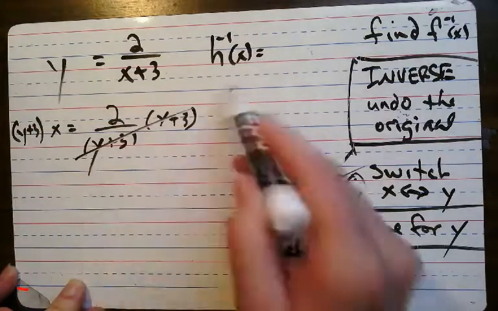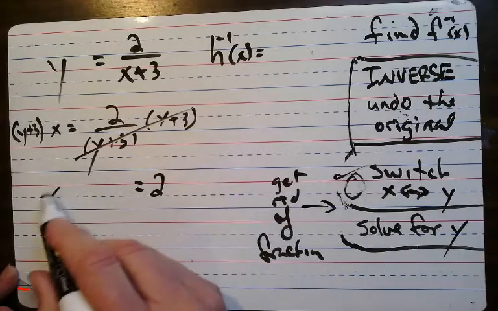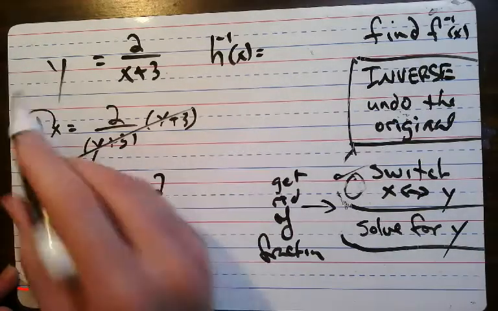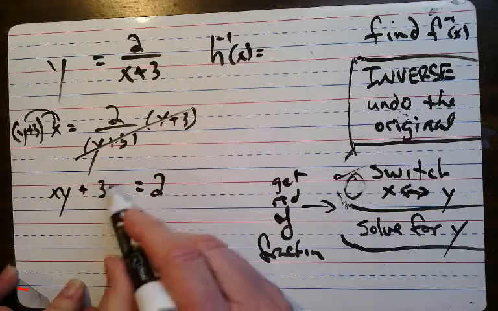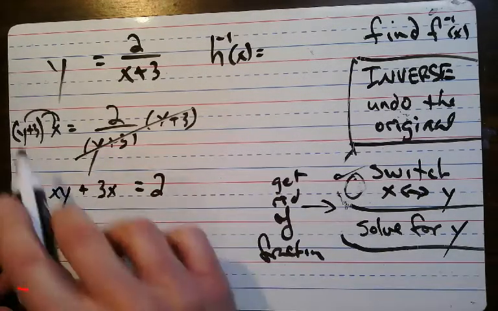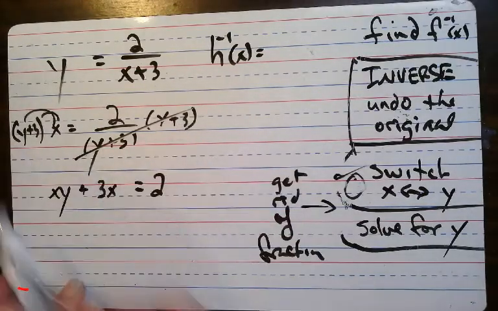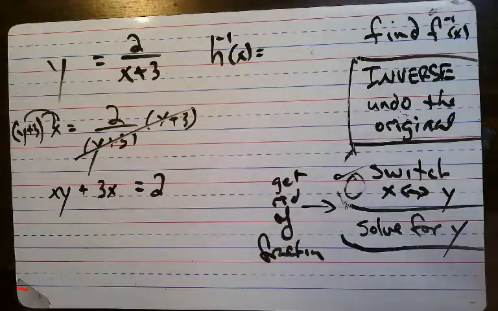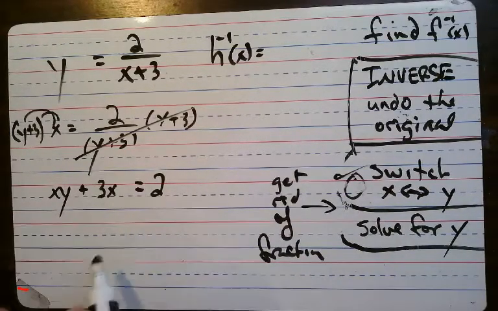That'll do it. Now 2's on this side, and then x, let's just distribute x times y plus 3 times x. Look at that. That's what's on this side. So I multiplied by the denominator. That makes the fraction go away. Now I've got this problem right here.